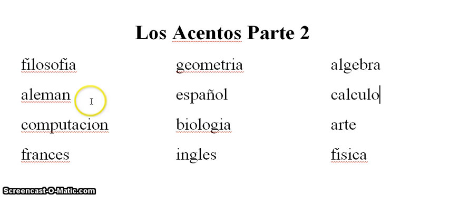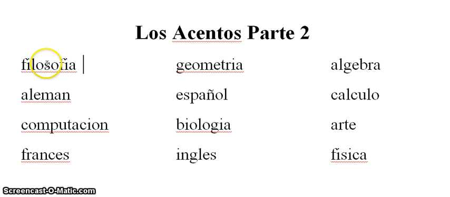Okay, so the first word we have is the word filosofía, which in English means philosophy. So here you have it, filosofía. We have a vowel in the end, so that means the stress should be on the next to the last syllable. The IA is normally one syllable.